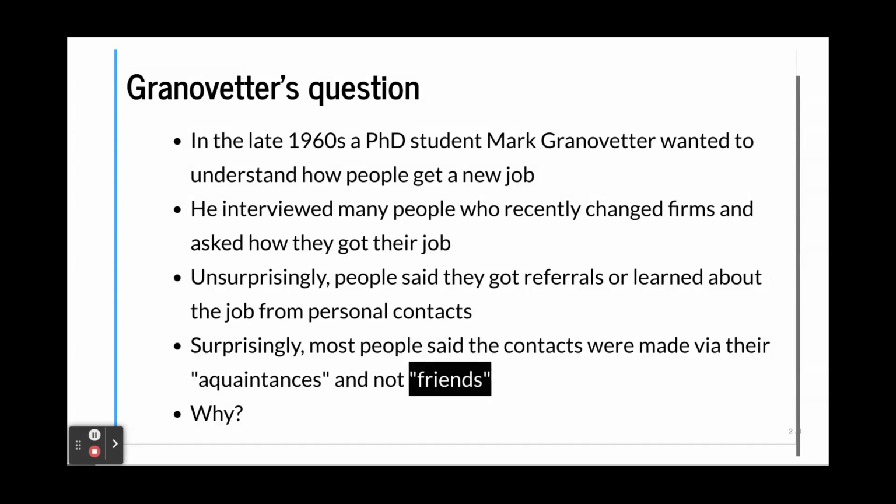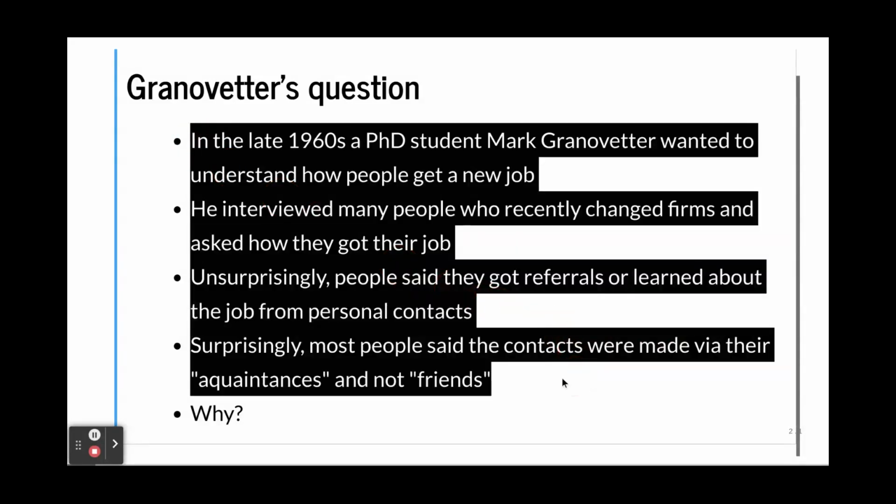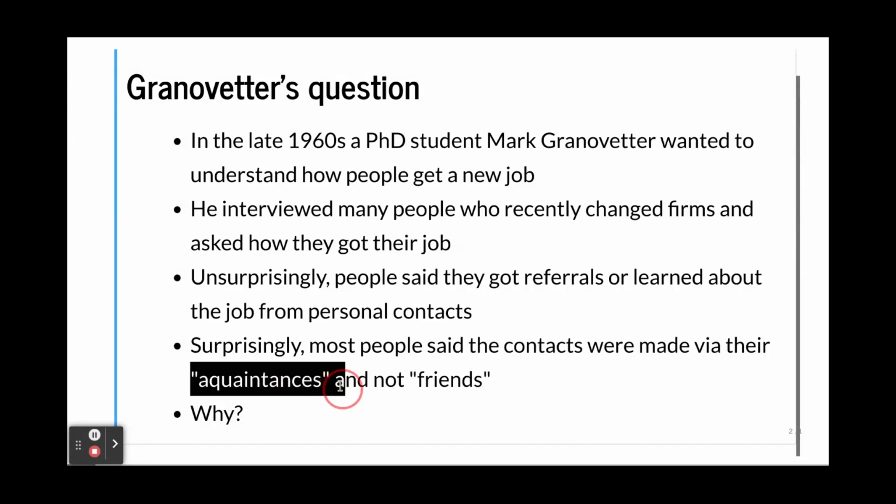And we'll try to explain this phenomenon using a graph and some key metrics that we can compute about a graph. So, as we work through today's lecture, keep in mind this main question that Granovetter studied, which is why do people tend to get job referrals or new jobs through acquaintances more often than they do through close friends?